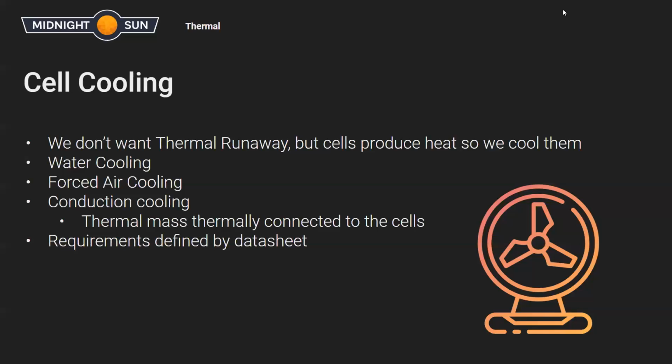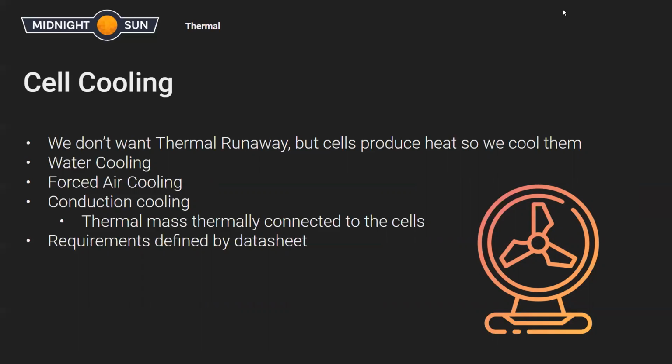And then conduction cooling, I'm not sure that's the right word for it, but another way is just to add a large thermal mass to the cells, so that the heat from the cells can be sunk into something else. Maybe just put a heat sink on top of it, and that will absorb all the heat from the cells. There are some materials that do that pretty effectively.